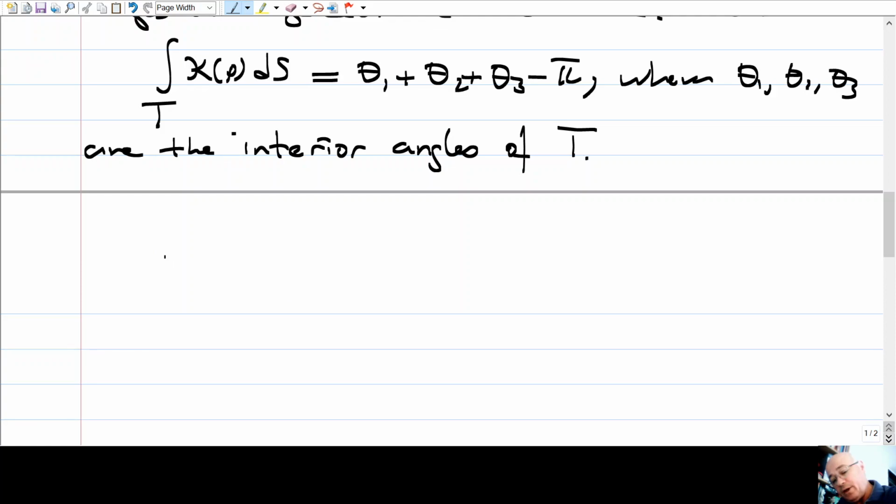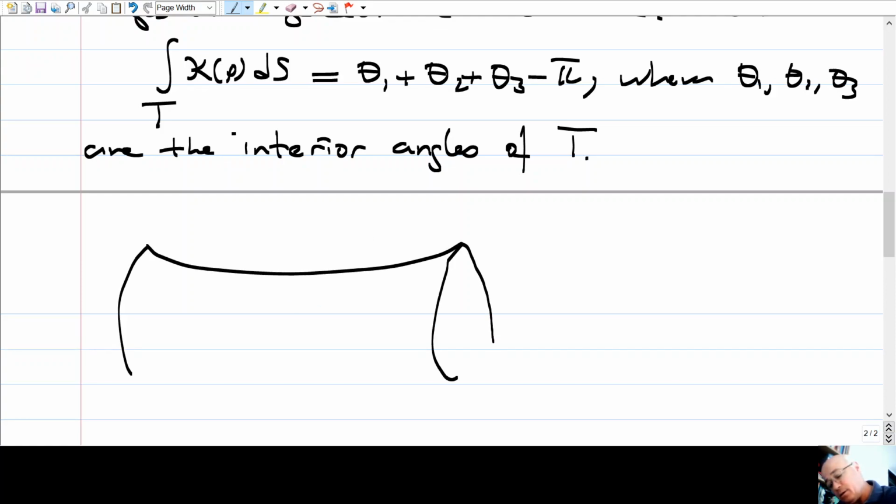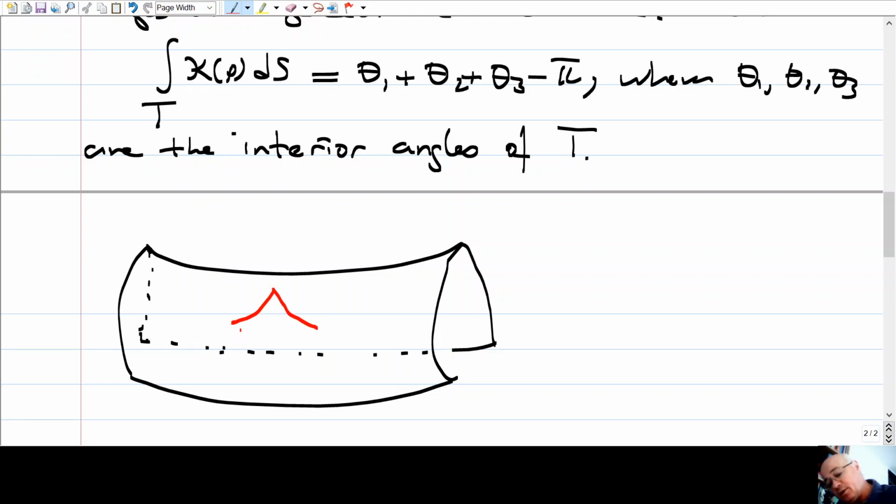Suppose that we have a surface, let's say, like this, and suppose we have a triangle here whose sides are geodesics, like this.